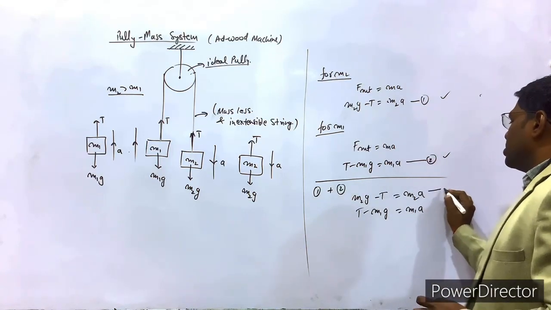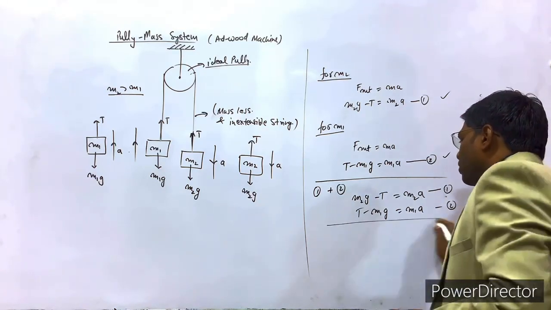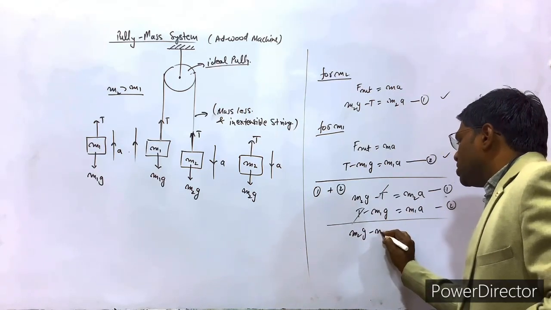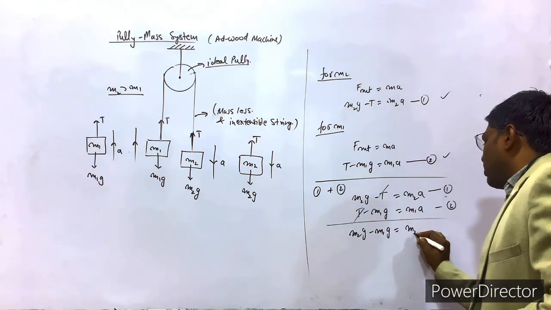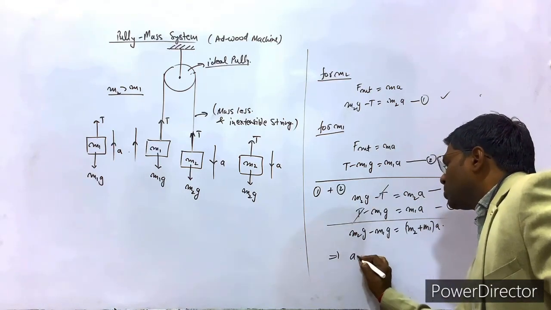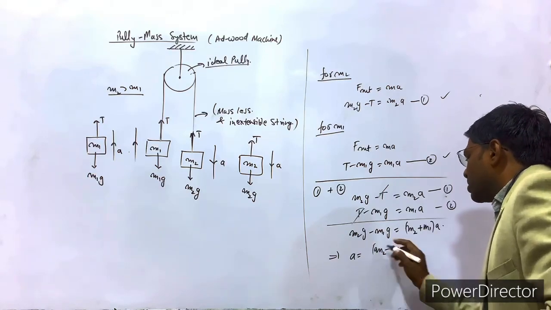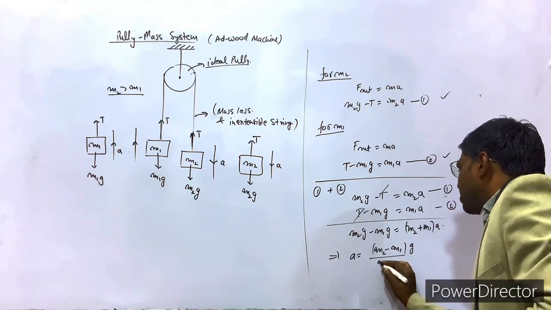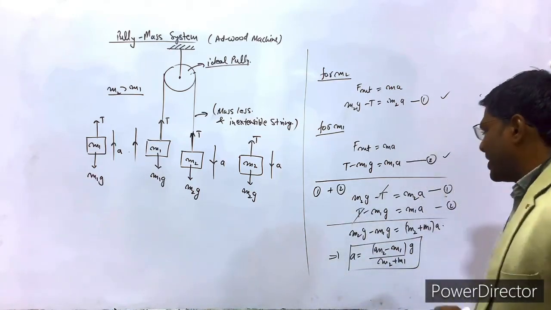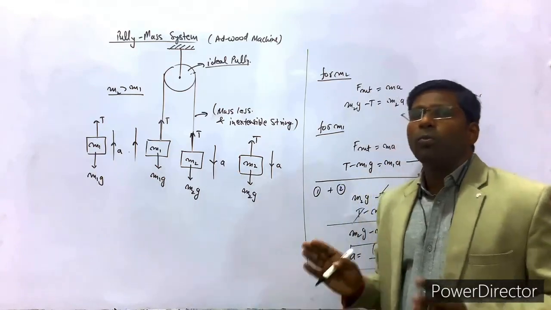If you add these, the tension will cancel out. M2G minus M1G is equal to (M2 plus M1) A. Taking G common and dividing by M2 plus M1, we get the acceleration of the blocks. The acceleration for M1 and M2 is equal.